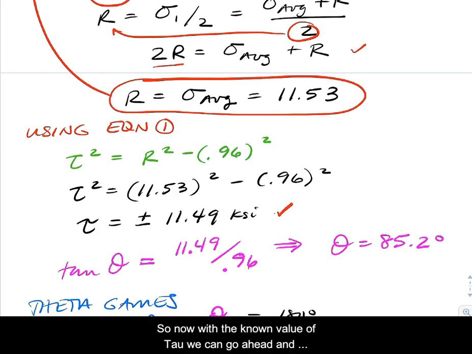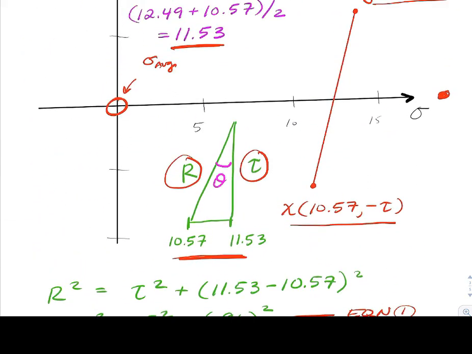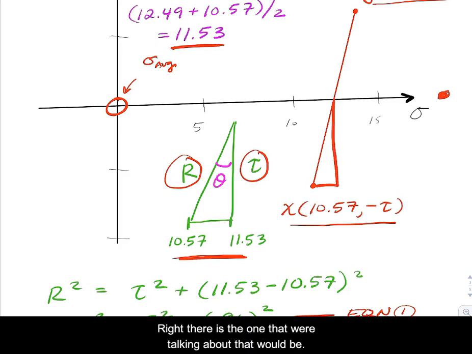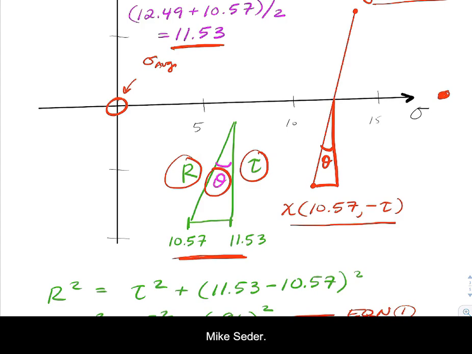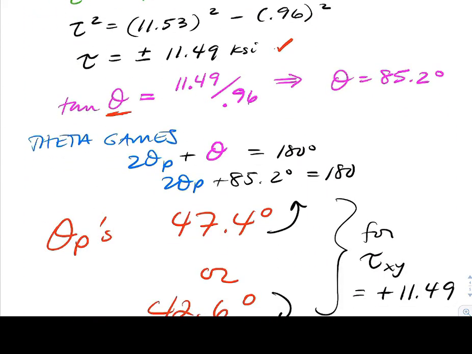So now with the known value of tau, we can go ahead and calculate the pink theta. So I'm just going to scroll right back up here. If we look at that angle, right there is the one that we're talking about. That would be the pink theta. And so we can now calculate it as 85.2 degrees using an inverse tangent.